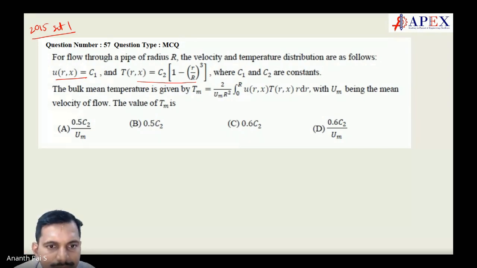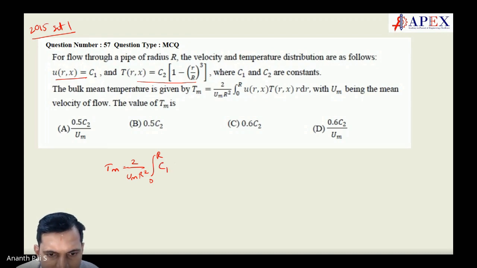I'll do it. So what happens? You have Tm is equal to 2 by R square, integration of 0 to R, U of r,x is C1 and T is C2 into 1 minus (r by R) the whole cube, into r dr. Make sense?